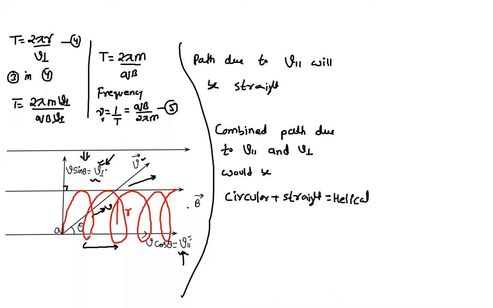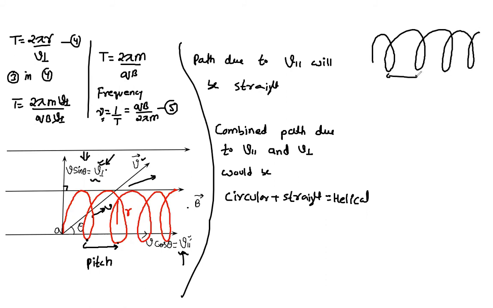The next thing is you have to calculate this horizontal distance covered by the particle. This distance is known as pitch. In each circular path, the particle will cover a circular path and move forward. So along with circular, it's moving in the forward direction. This distance that the particle covers is known as the pitch of the path.